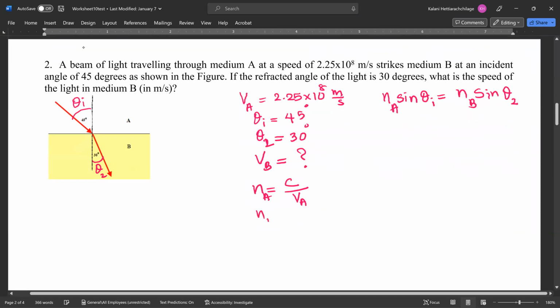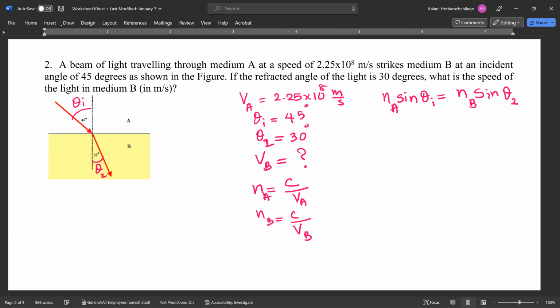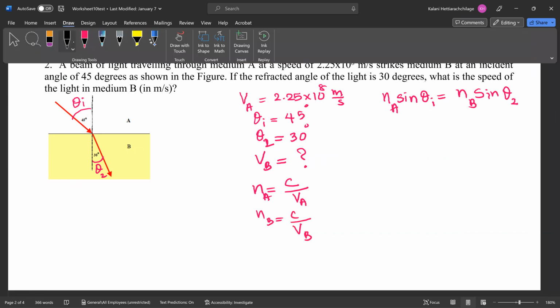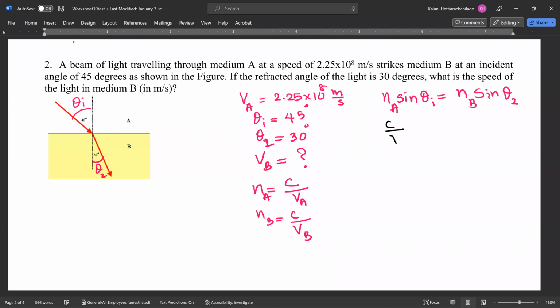So NB is equal to C over VB, right? Let's plug that in here, then you will be able to calculate VB. So NA equals C over VA, and I'm going to write the values at the same time: sine of 45 equals NB, which is C over VB, times sine of 30 degrees, right?